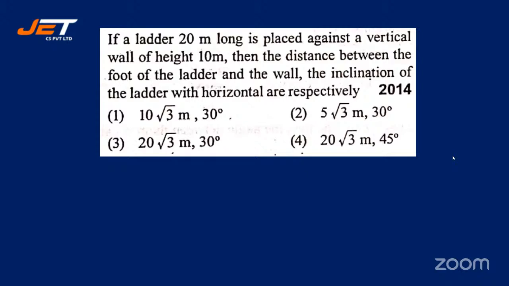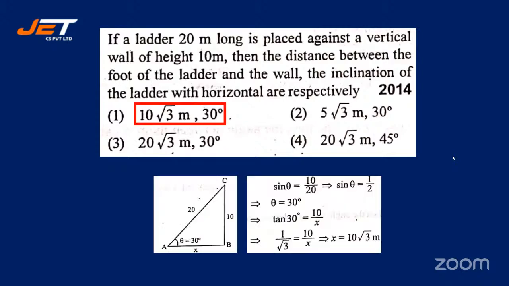Here you can see the answer, it has been beautifully explained and worked out. A ladder is placed against a vertical wall. The height of the wall is 10 meters. We are assuming the distance between the foot of the ladder and the wall to be x.